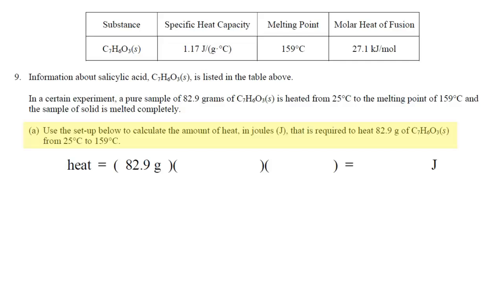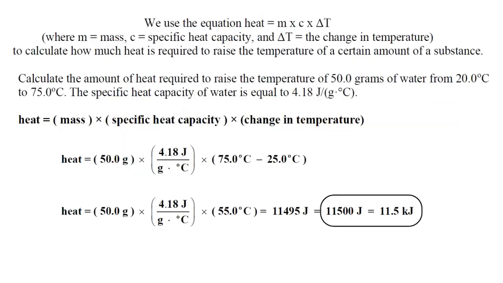Now, we did do a problem like this in my packet for properties of liquids and solids. So here on this slide is an example of a similar type of problem.